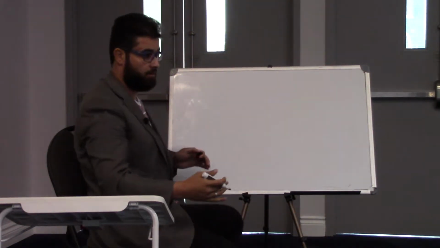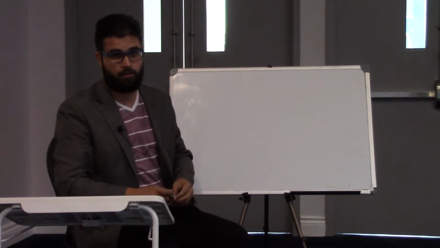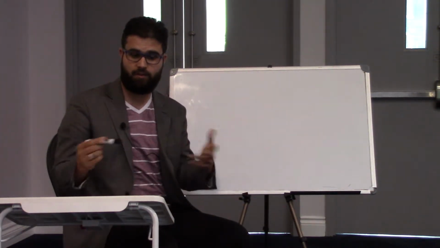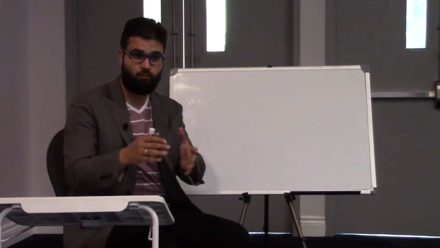statuses of i'rab. So when we say the word i'rab, it means that the word has flexibility to exist in different capacities within the sentence. Mabni means a word that doesn't have different capacities, it can only exist in one form.